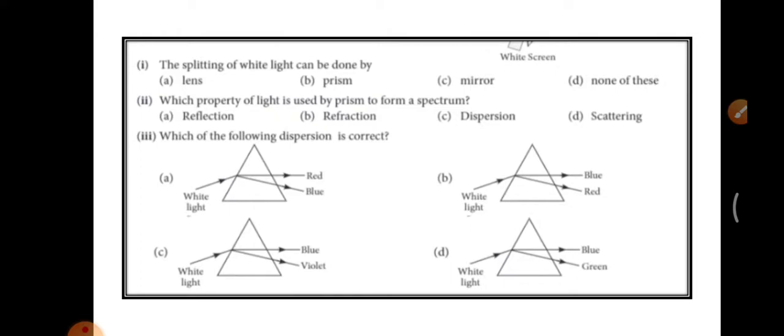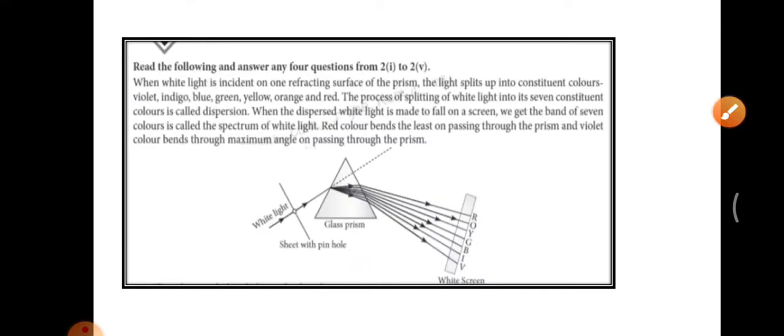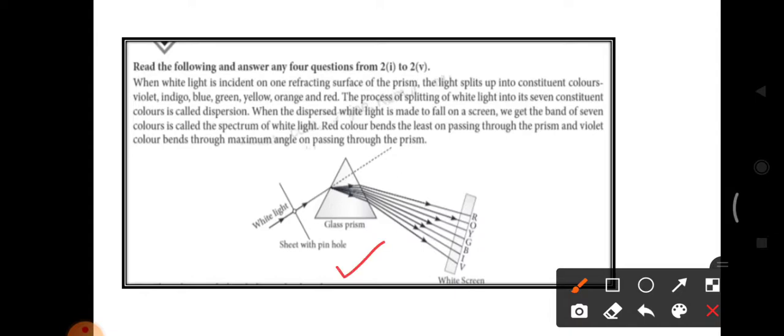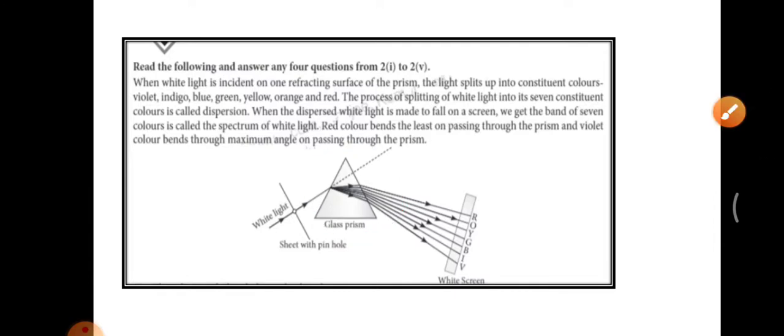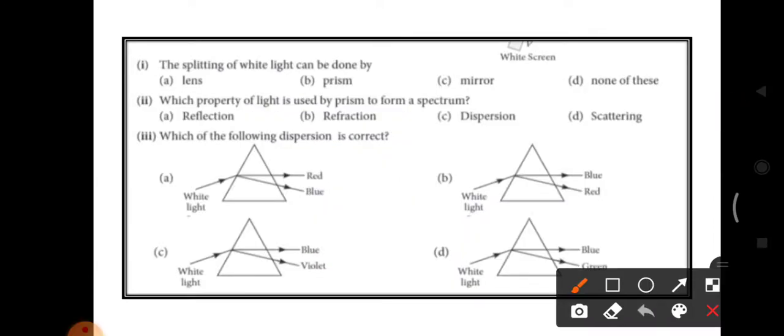So listen to the question. The splitting of white light can be done by option A lens, option B prism, option C mirror, option D none of these. Look at this image. Here we are getting the splitting of white light by the prism. So option B is the correct answer.